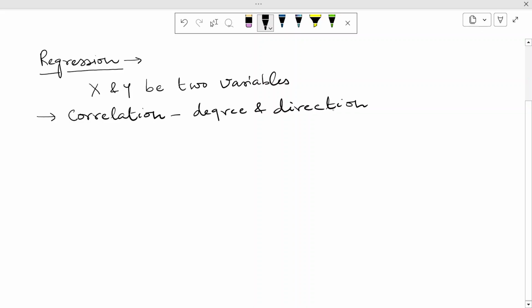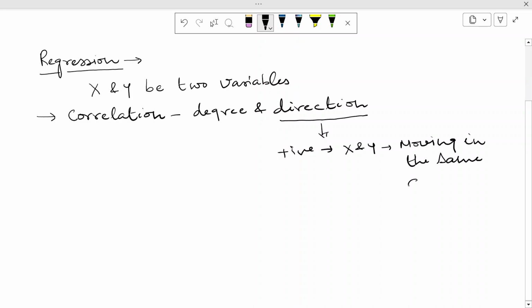of their relationship. Direction means if you are having the positive correlation, this means that the variables x and y are moving in the same direction. It means when you are increasing the value of x, then y will also increase, and if you are decreasing the value of x, then y will also decrease.